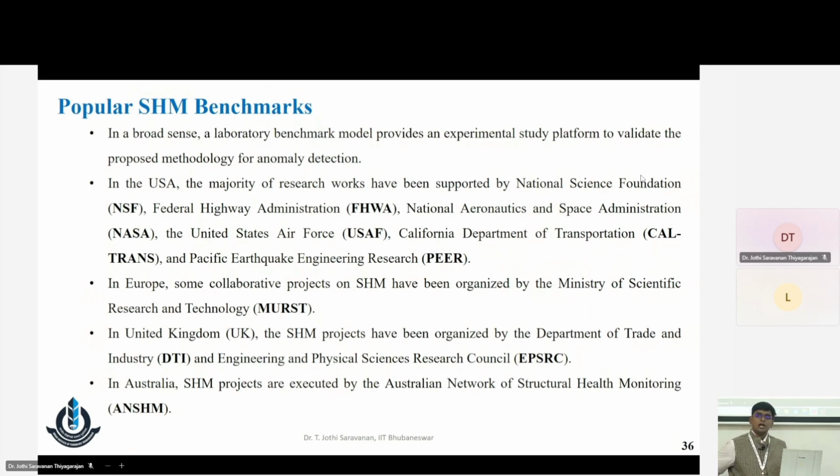Every country has its own schemes where a lot of projects are funded. In the US, the majority of research projects are funded by NSF, the National Science Foundation.